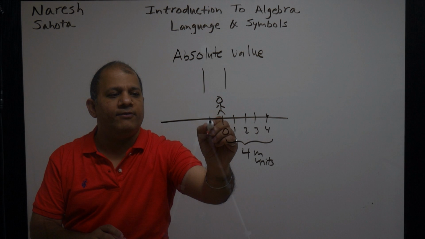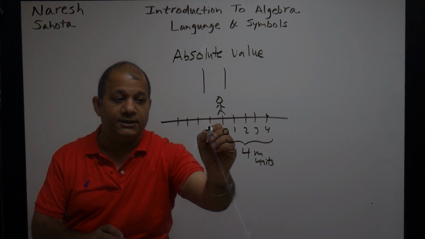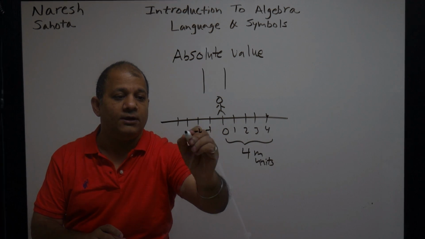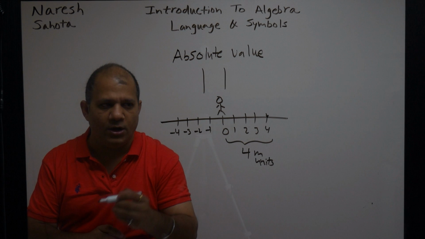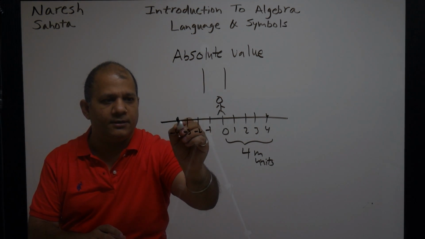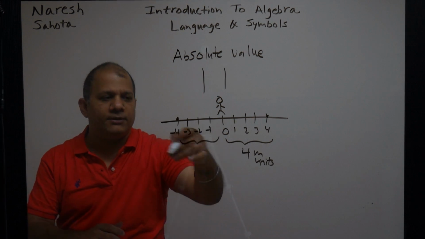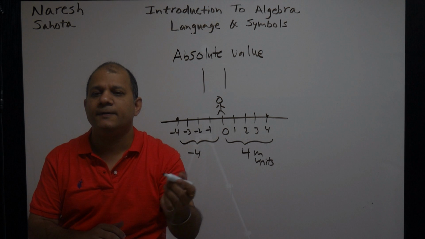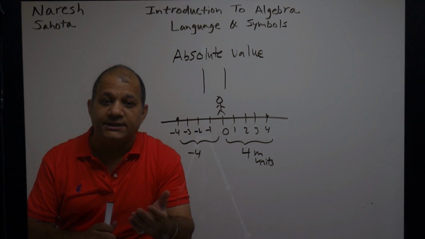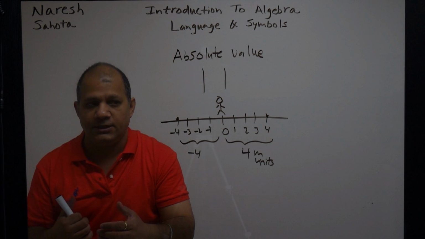Now, what if you walked towards the left, in the opposite direction? -1, -2, -3, -4. What's the amount of distance you walked? Now you're going from 0 to here. When people work with number lines, they wonder, is it 4 or is it -4? The question is, what is the distance you walked? I'm not asking about the direction you walked in.